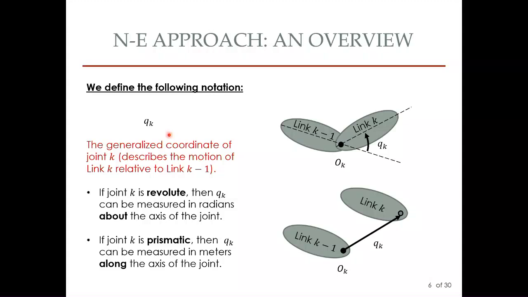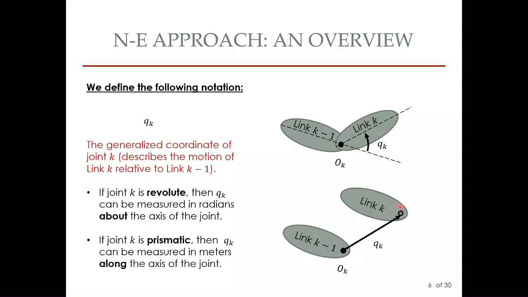So the first definition is this qk, which is called generalized coordinate, which is essentially the parameter that is used to describe the motion of joint k. So if joint k is revolute, qk would be one of the alpha, beta, theta parameters.